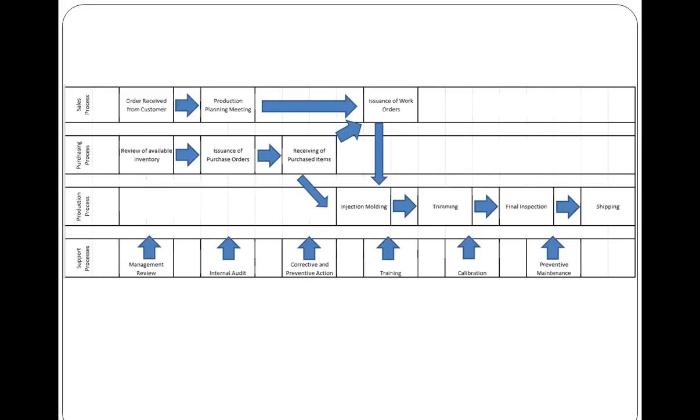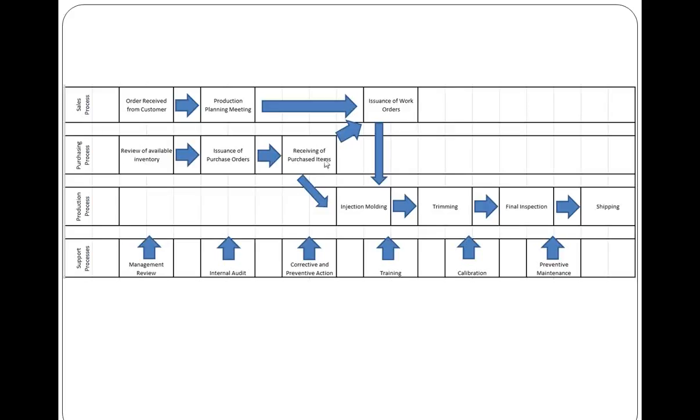This particular model that we're looking at now is commonly referred to as the swim lane approach. Our processes are named here in the margin: sales, purchasing, production, and support. The idea here is that sales and purchasing, at least in terms of what triggers them, start off as independent processes. Sales is not dependent on purchasing to start, and purchasing is not dependent on sales to start.